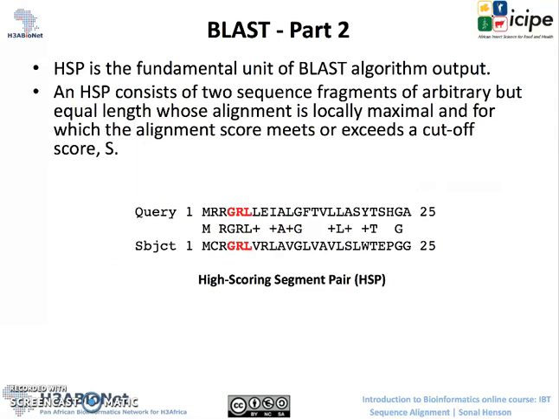An HSP is the fundamental unit of BLAST algorithm output. A high-scoring pair consists of two sequence fragments of arbitrary but equal length whose alignment is locally maximal and for which the alignment score meets or exceeds a cutoff score S. A set of HSPs is thus defined by two sequences, a scoring system and a cutoff score.